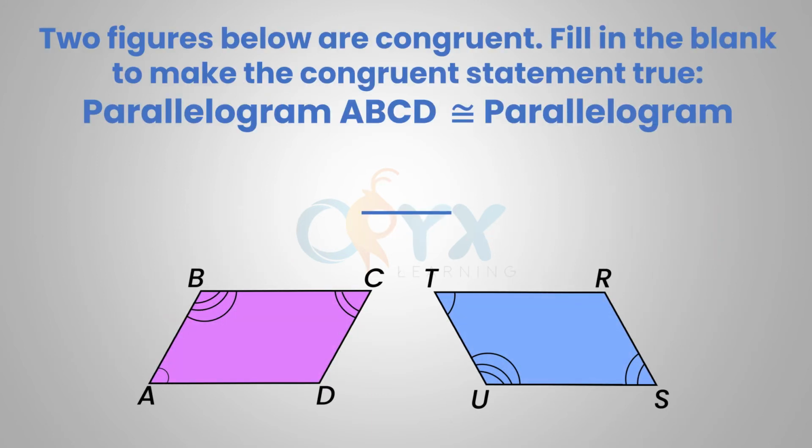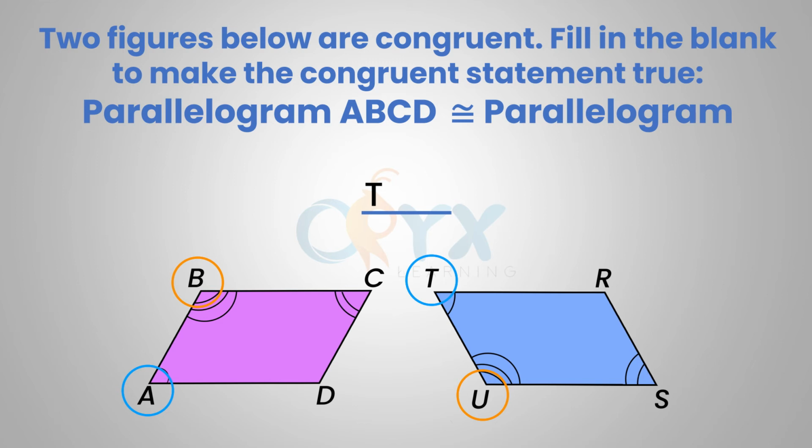Two figures below are congruent. Fill in the blank to make the congruent statement true. Parallelogram ABCD is congruent to parallelogram blank. Looking at the marks on the diagram, we can see that angle A matches up with angle T. So if A is listed first in the first parallelogram, angle T will be listed first in the second parallelogram. Angle B is listed second.